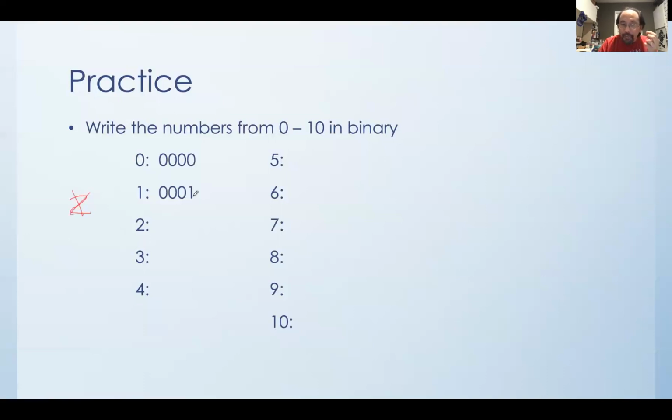I filled up this position, and so I need to move over to the next spot and put a 1 there, and then make a 0 there, and then 0, 0. And now that I have this 0 in the 1's position, I can turn that into a 1 to represent my 3.